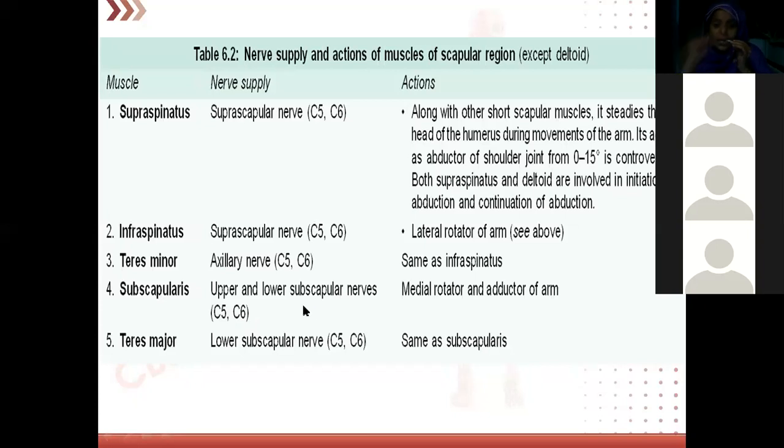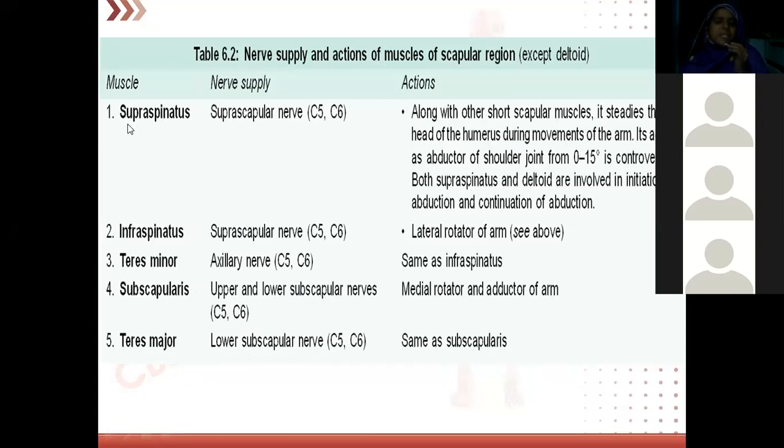The name of the muscle is subscapularis, the name of the nerve is subscapular nerve, upper and lower. Teres major is just below subscapularis along the lateral border, very close to the lower subscapular nerve, so that's how it is supplied by the lower subscapular nerve.